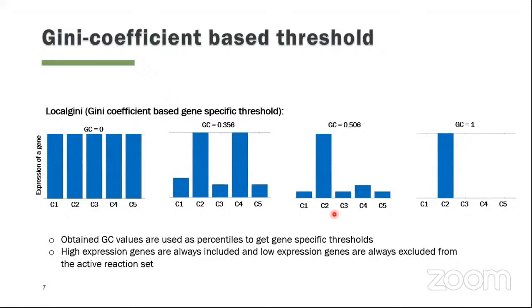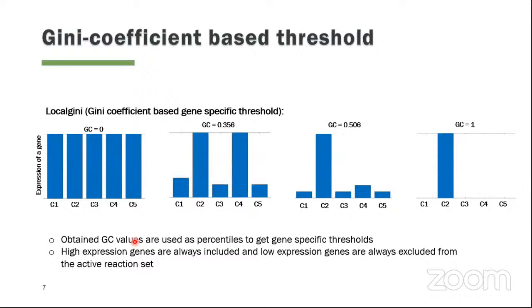And the Gini coefficient based threshold was developed similar to this. As I explained before, if the Gini coefficient is 0, all contexts have the same expression, and if the Gini coefficient is 1, this particular context will have the expression and all others will remain 0. So we have our Gini coefficient values in hand, which lie between 0 and 1.